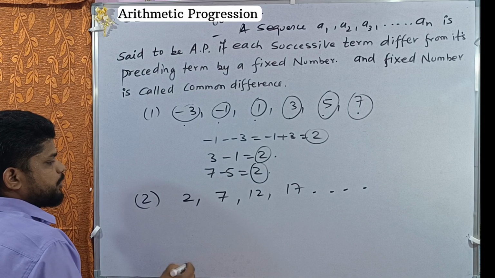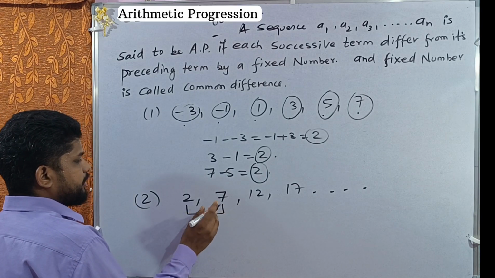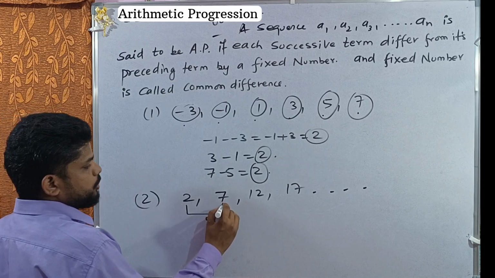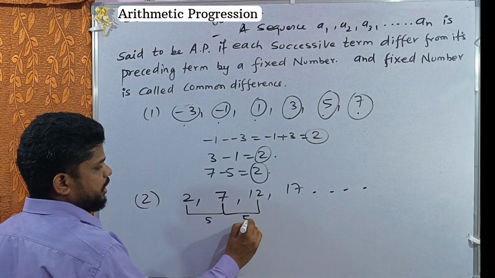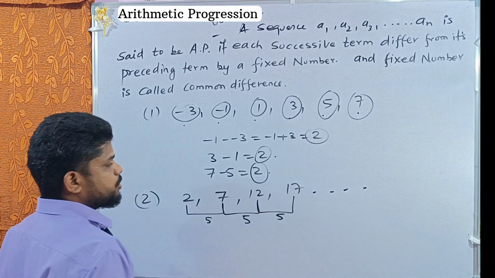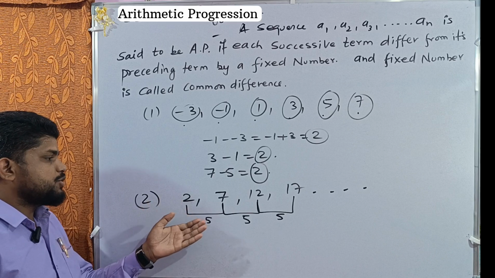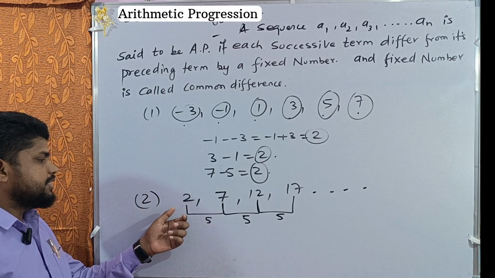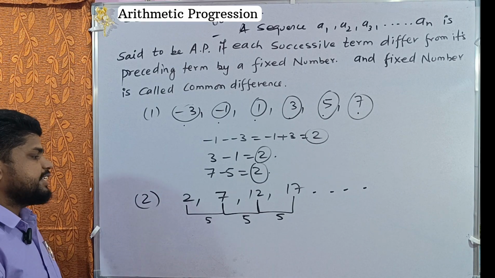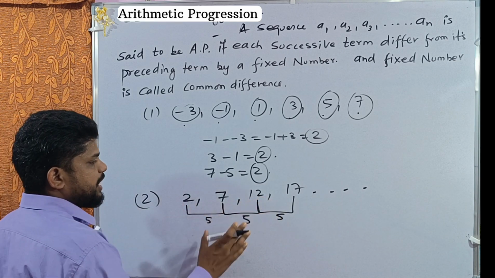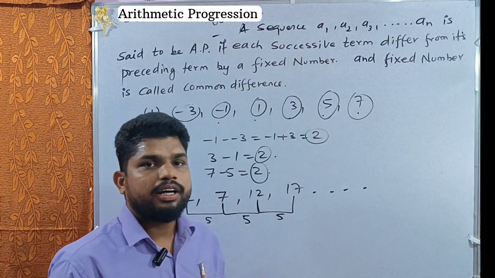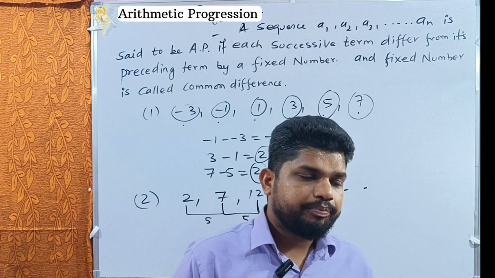You can see that 7 and 2 have a difference of 5, 12 and 7 have a difference of 5, 17 and 12 have a difference of 5. So we can say that for this given sequence we have the common difference 5. So this sequence is said to be an arithmetic progression.